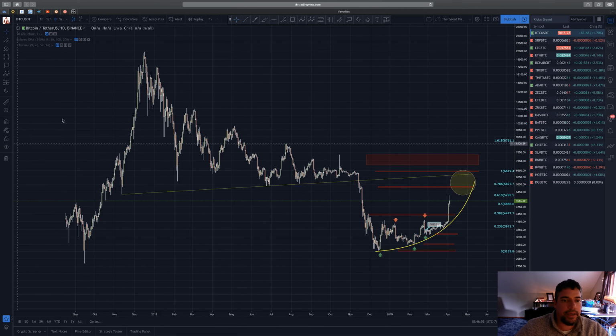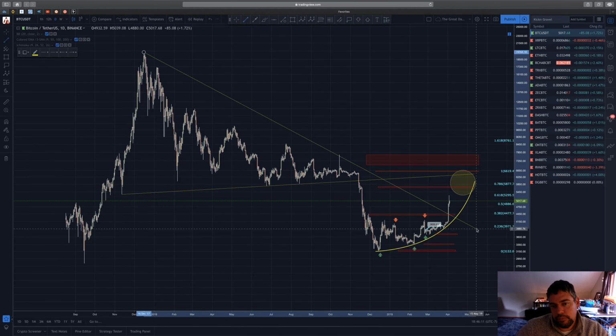Let's pull this back in, and I want to show you one thing here. There it is. Boom. Let's pull it down here. See that? As soon as we broke through right here, it just shot up.